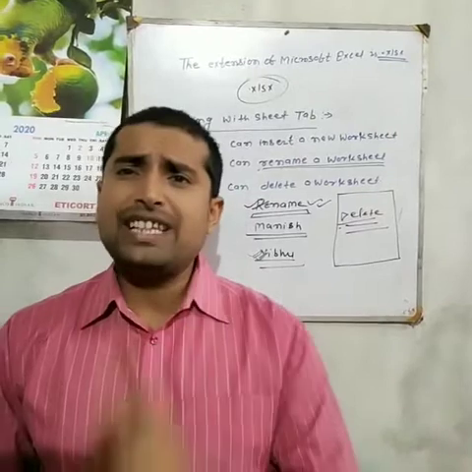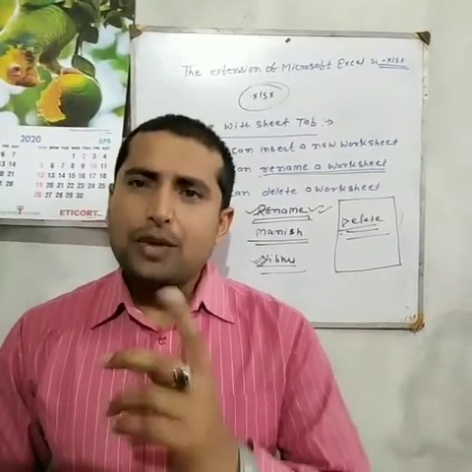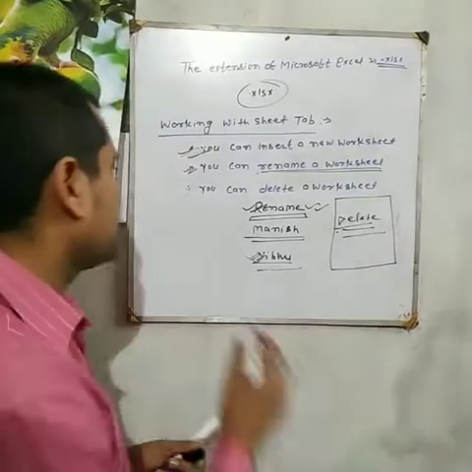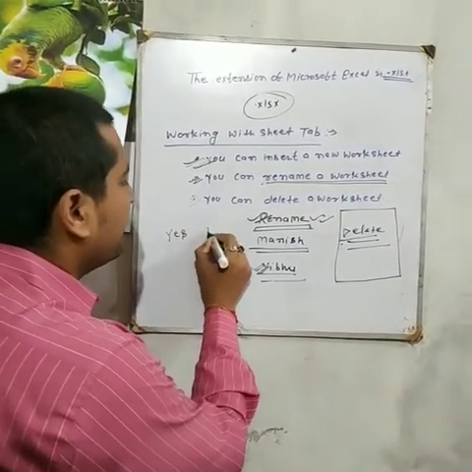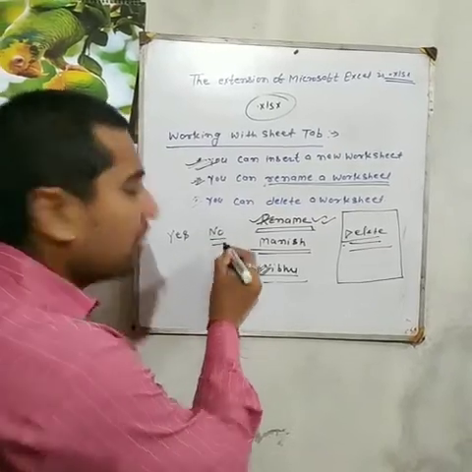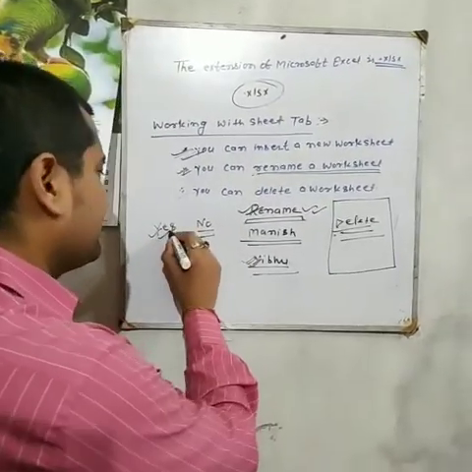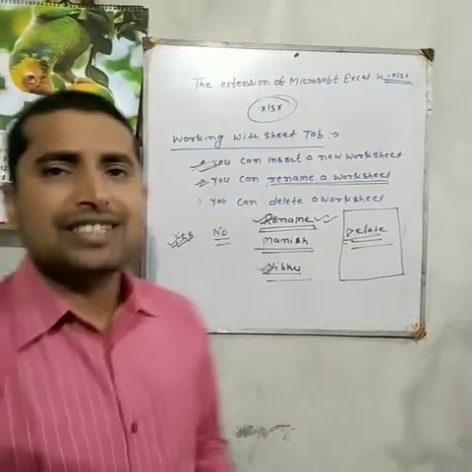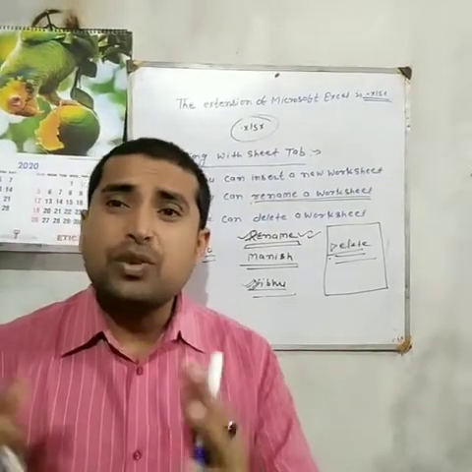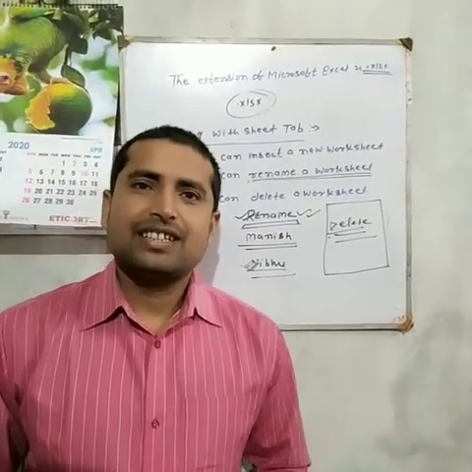If you want to delete the current worksheet, two options are available: yes, and next one is no. So if you want to delete it, click on yes. Then your current worksheet will be deleted.